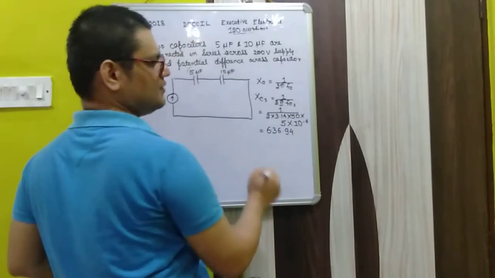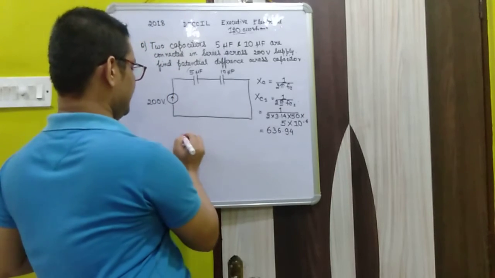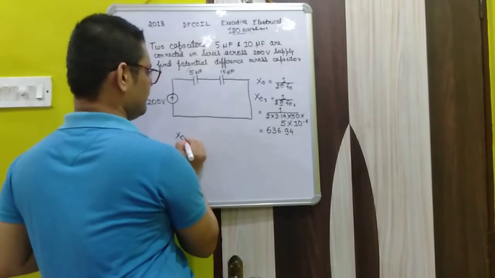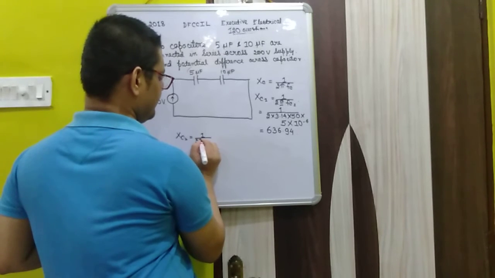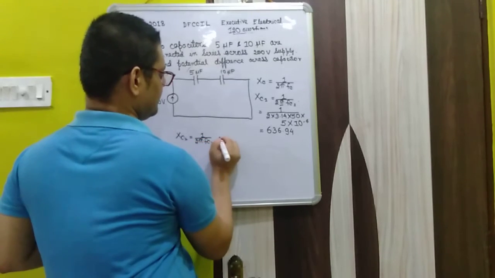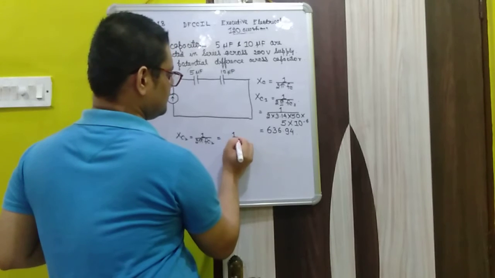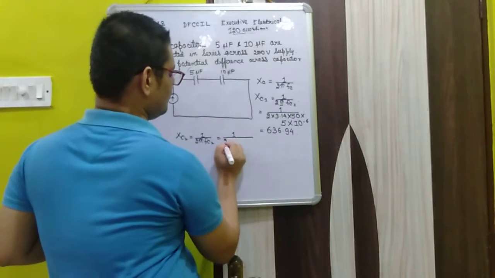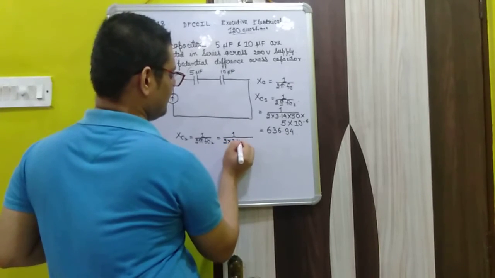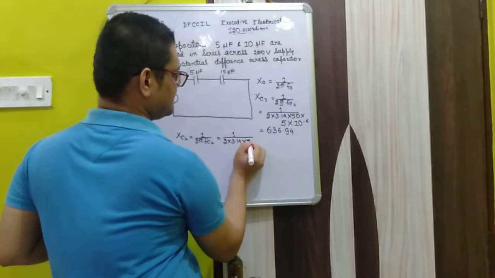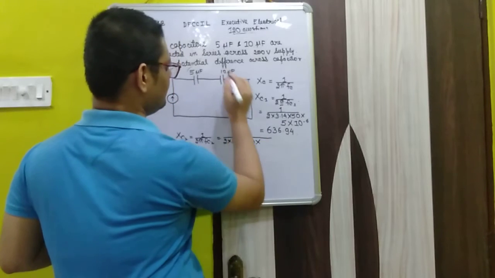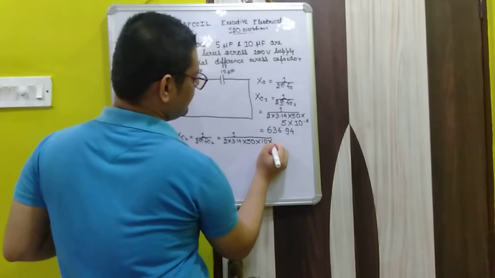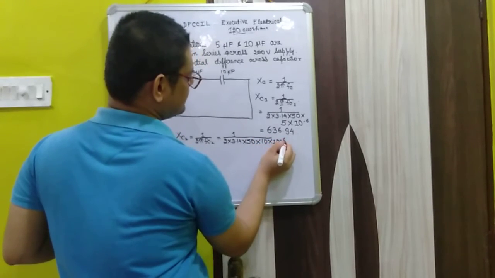So this is Xc1. Similarly we calculate Xc2. What will be the Xc2 for this? That will be 1 by 2 pi Fc2. We just put the values: 1 by 2 into 3.14 into 50, the frequency that will be constant, and C2 is 10 into 10 to the power minus 6.